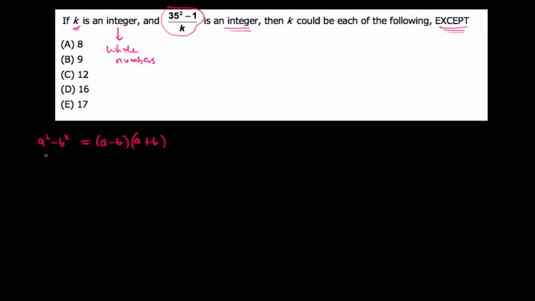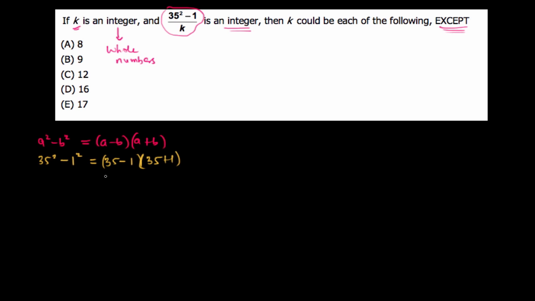And then what we have here is 35² − 1. 1 is the same thing as 1². So this is just going to be the difference, (35 − 1)(35 + 1).